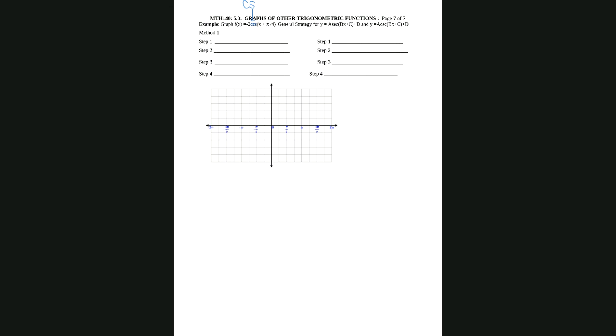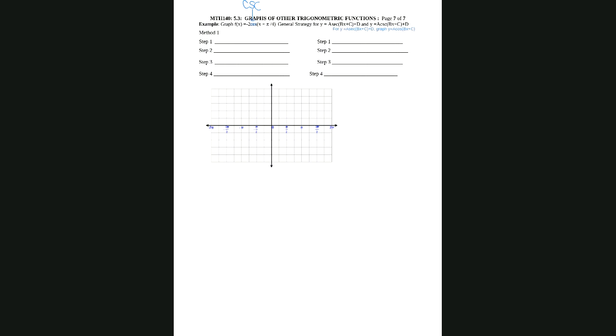for cosecant. And so in general, what we're going to do when we're trying to graph a secant or cosecant function, we're going to graph the associated sine or cosine function. So for y equals a times the secant of bx plus c plus d, we're going to start by graphing y equals a times the cosine of bx plus c.